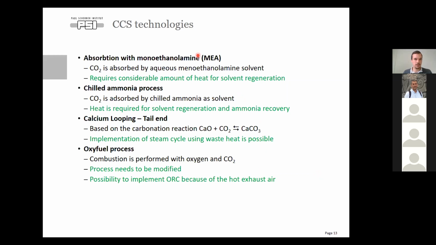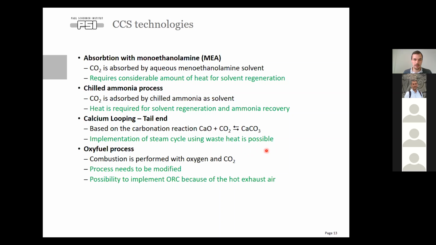We have different CCS technologies included in the model, and the new methodology gives us, for example, the opportunity with MEA scrubbing or with the chilled ammonia process to assign waste heat, for example, for solvent regeneration. In the case of calcium looping or the oxy-fuel process, it also gives us the opportunity to account for the waste heat that is supplied by those technologies.